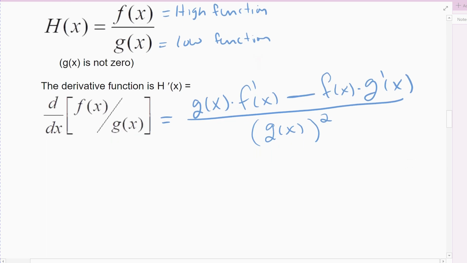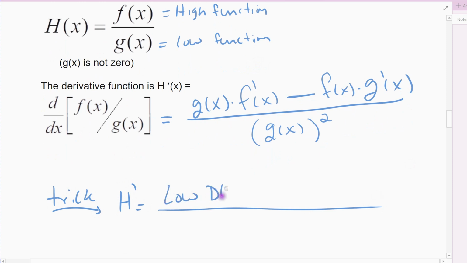And the trick that I use to memorize: the derivative is low d high, the d means derivative, minus high d low, again d means derivative, over low. The low means low squared. So it's the low function, derivative of the high, minus the high times the derivative of the low, over the low, or I like to just think of it as the low squared.